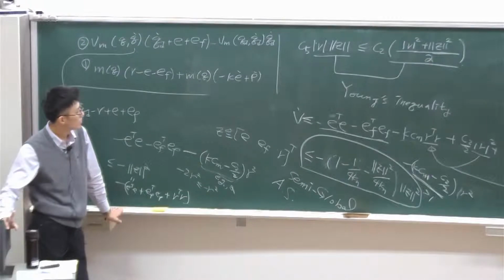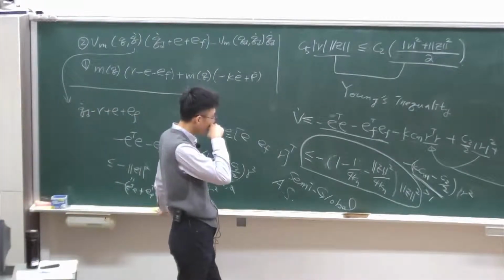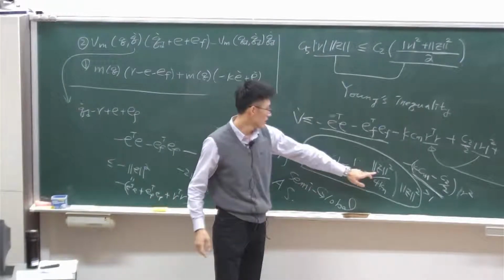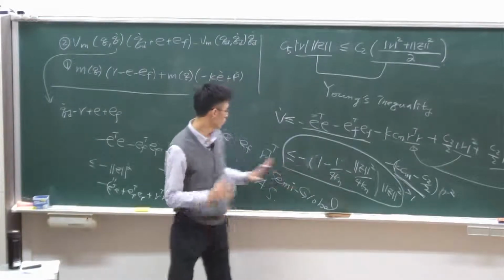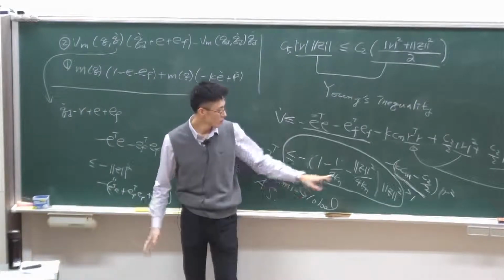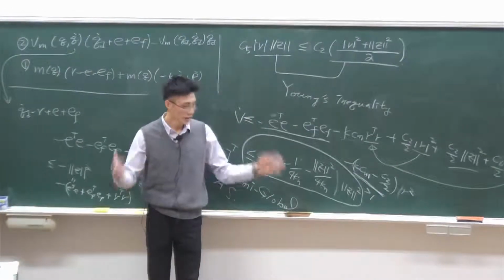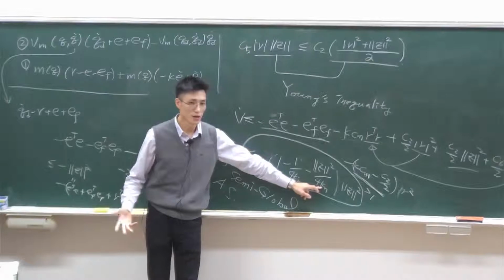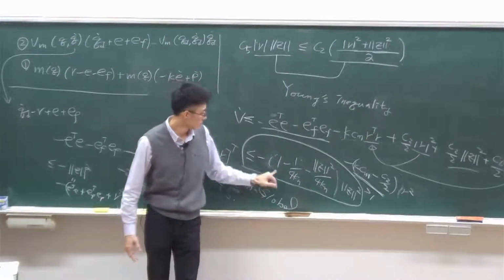Remember, given the initial condition Z is 0, which means given E0, EF0, R0, all the initial conditions, you can select the control gain Kn large enough to ensure this is positive.